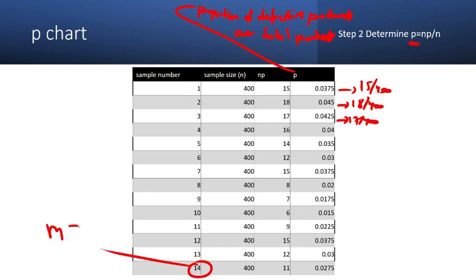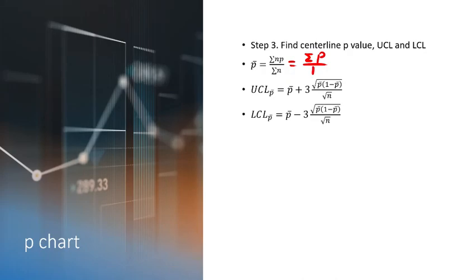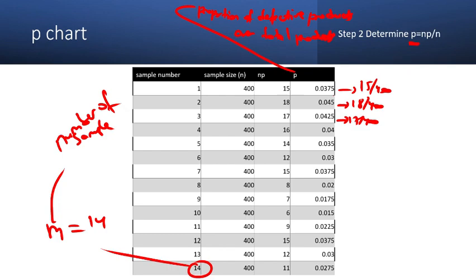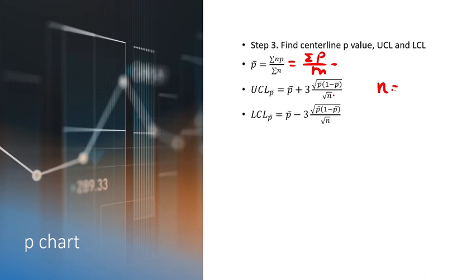So m is 14. M is the number of samples. Okay, and then the upper control limit is the p-value plus 3, and we have this formula, and n is 400. Sample size is 400. And then we have the lower control limit.